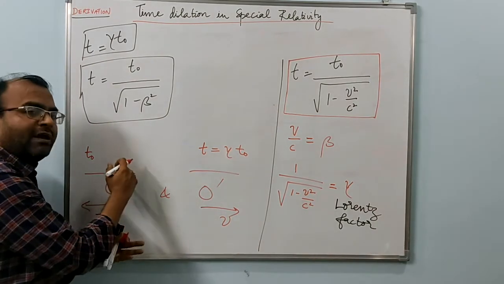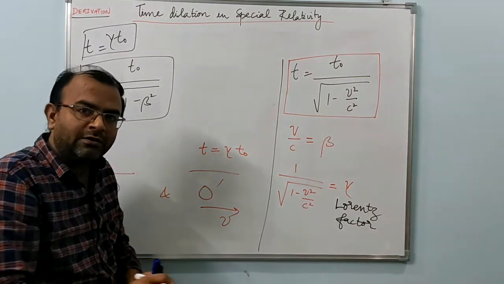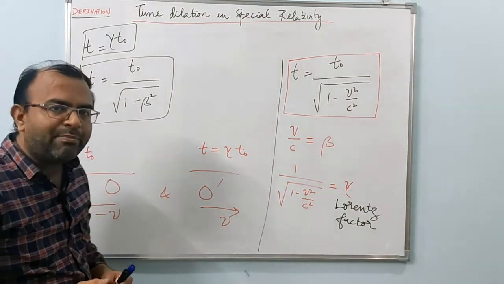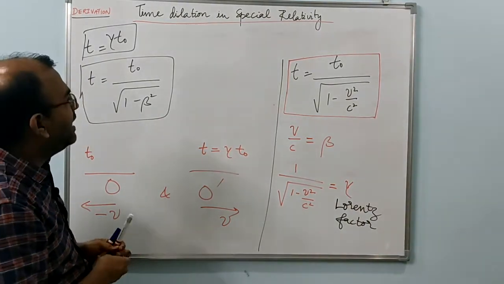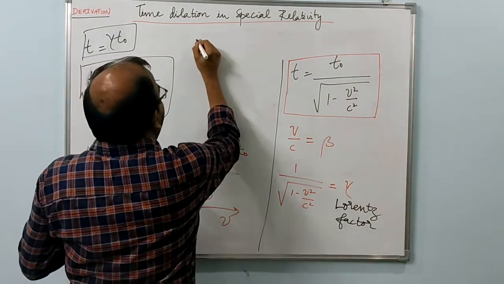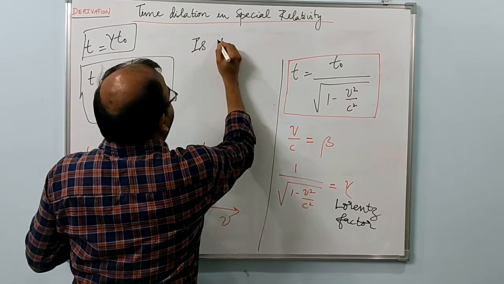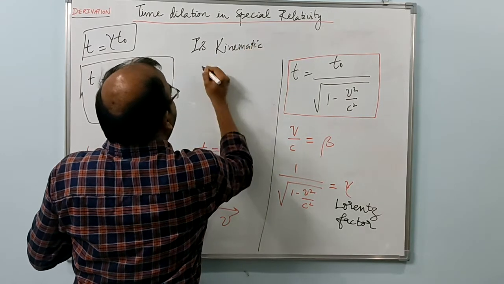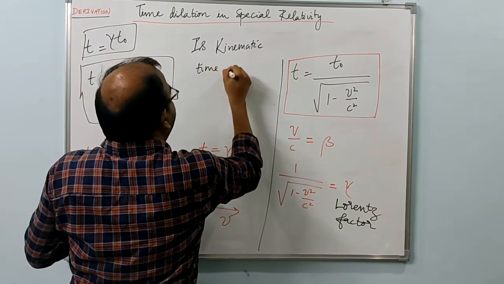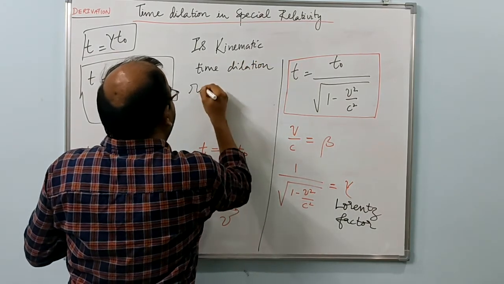So he should also be able to measure the clock of O to have slowed. Does it happen is the question. That means the question is very simple here. Is kinematic time dilation reciprocal?